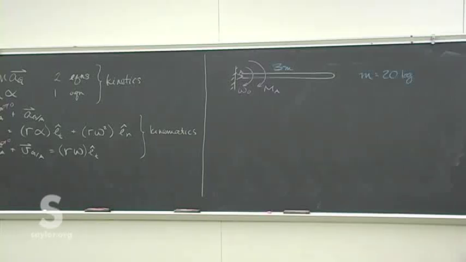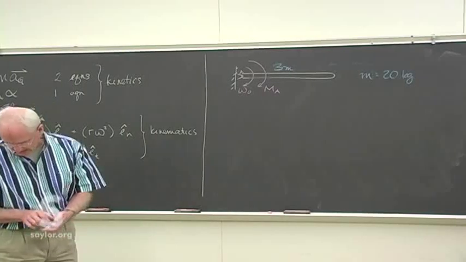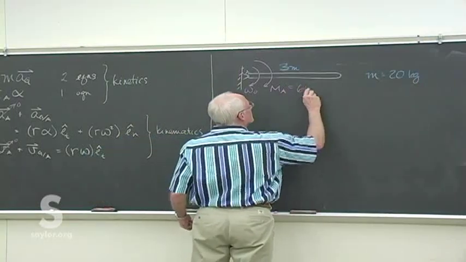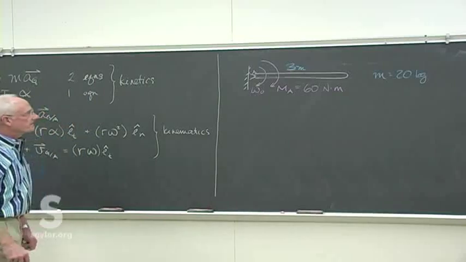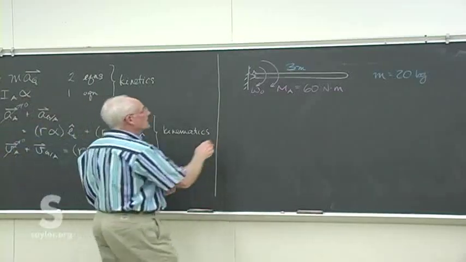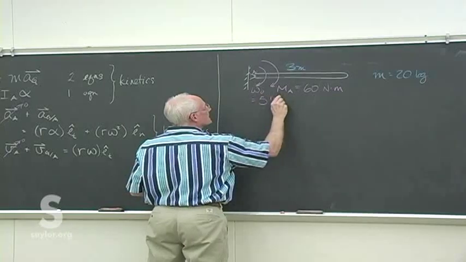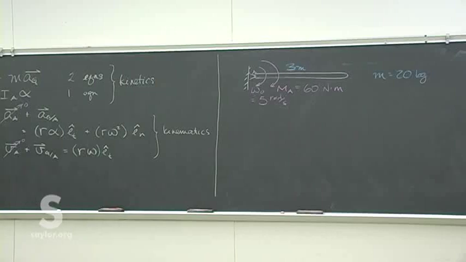This one we happen to have as an aiding moment, but it could be virtually anything. So we'll give that a magnitude of 60 Newton meters, and omega 0, we'll say at that instant, is 5 radians per second.